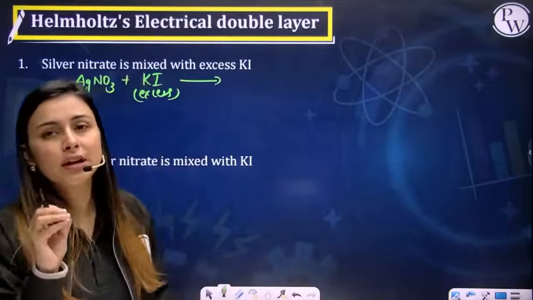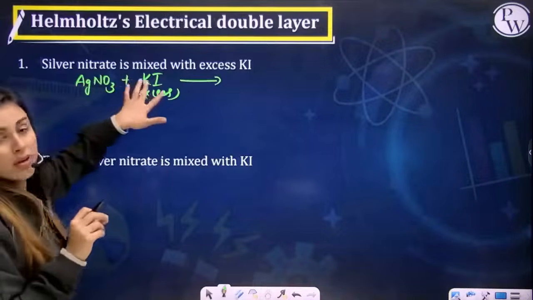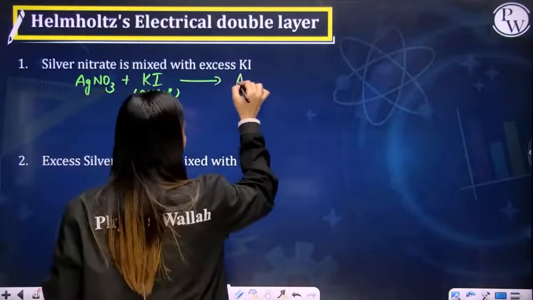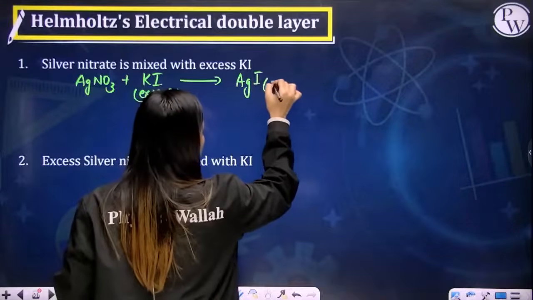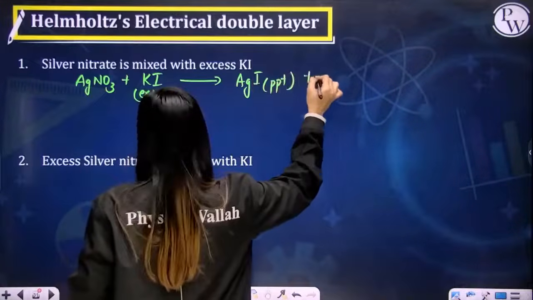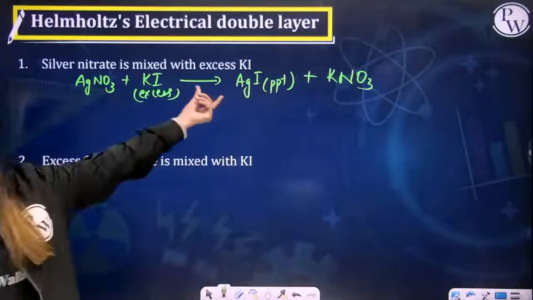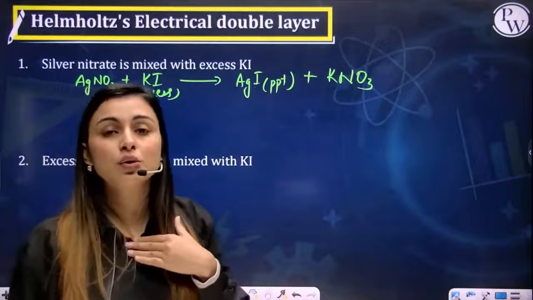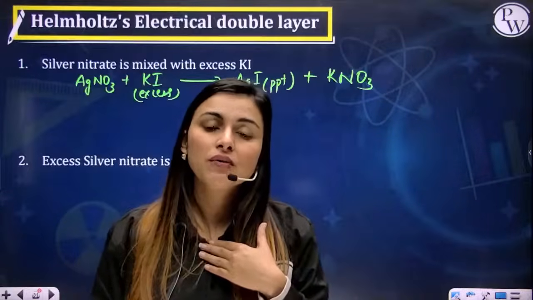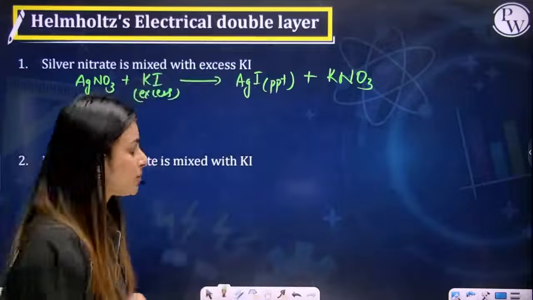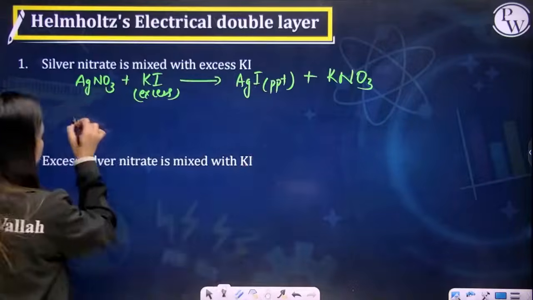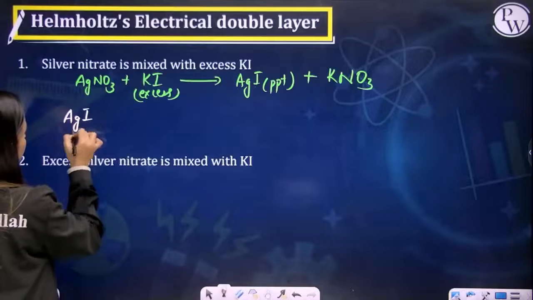If you remember your inorganic, then you know that AgNO3 on reaction with KI will give you AgI, which will be a PPT, plus KNO3. So this is the PPT which we have to convert into colloidal range. This AgI is your PPT.